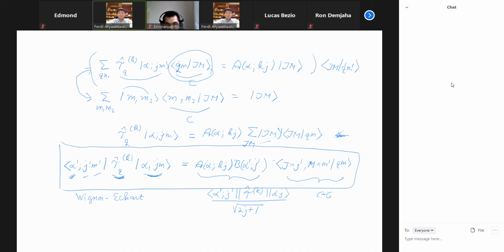What's more important is the J and M label, because that tells us how the state transforms under rotations. So this product then transforms under rotation according to the direct product representations.